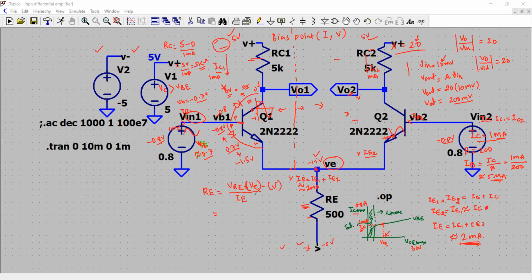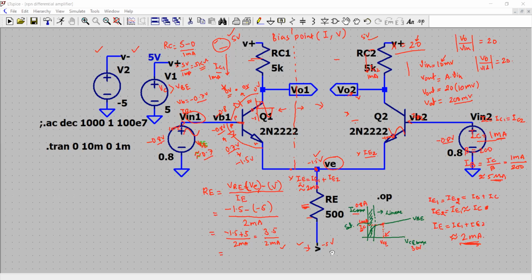This is the voltage drop, because that's the voltage difference between the 2 points. And that is about minus 1.5 minus of minus 5 volt, which is the negative voltage source, divided by 2 milliampere. And that comes out to be minus 1.5 plus 5, which is about 3.5, 3.5 divided by 2 milliampere. And that comes out to be, let's calculate that.